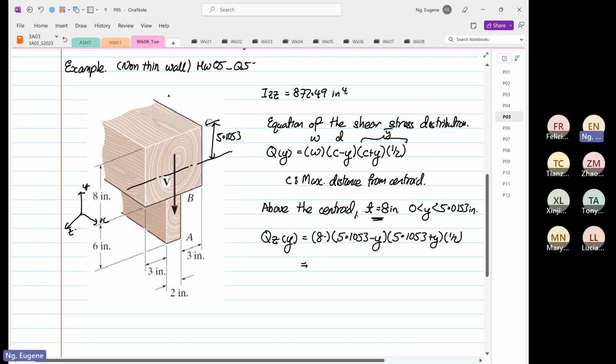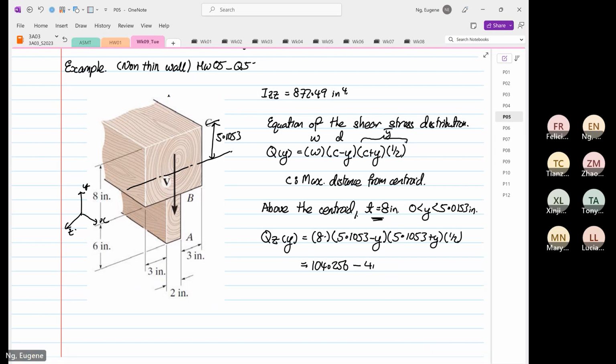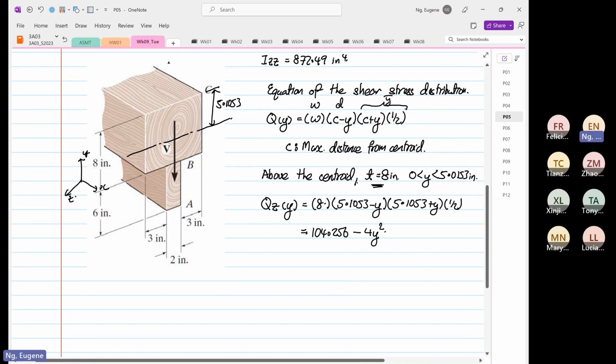So 8 times 5.1053 squared times 0.5 is equal to 104.256, then minus 4y squared. Once you got this, the rest is straightforward already.